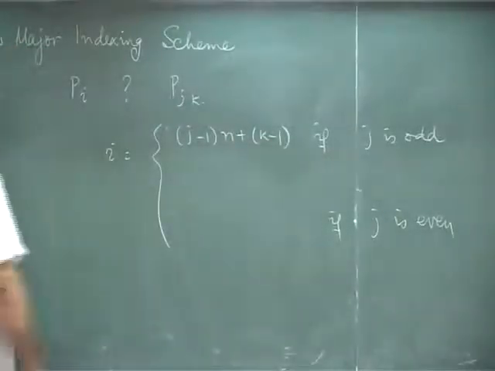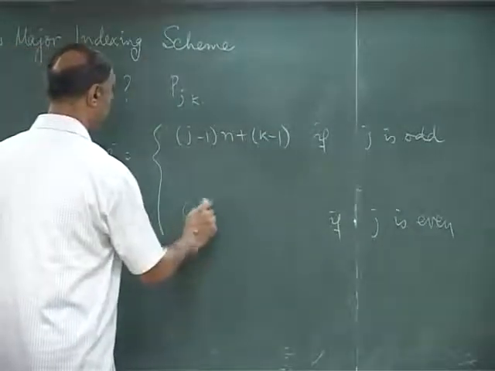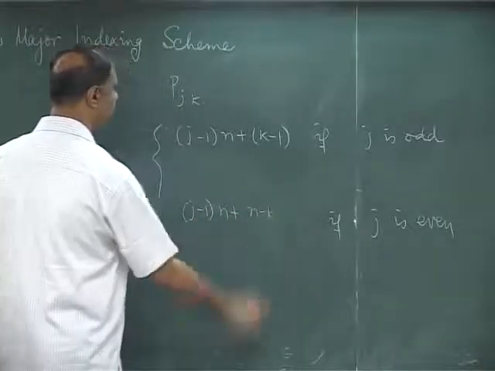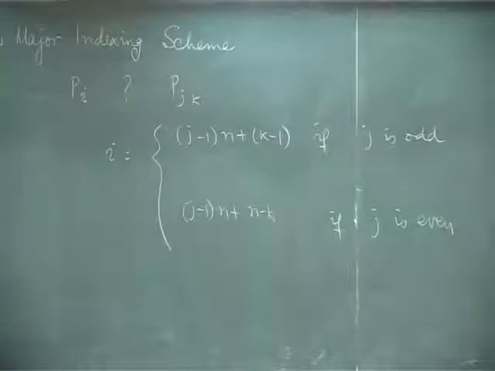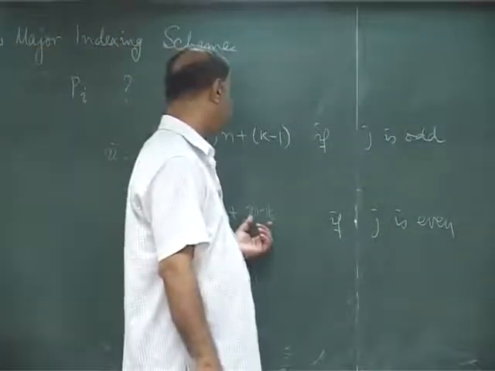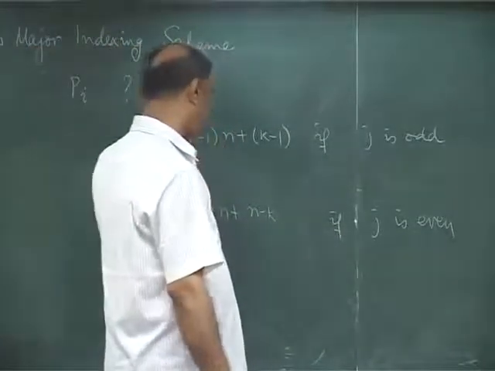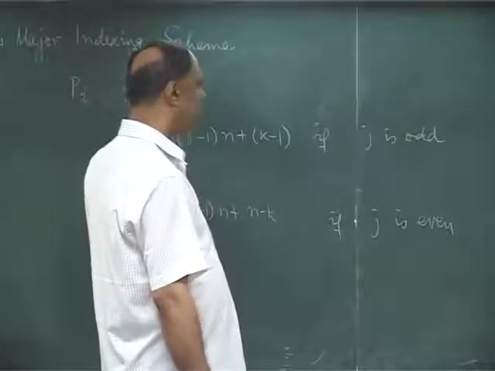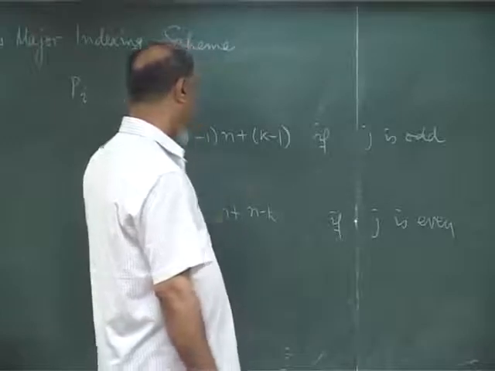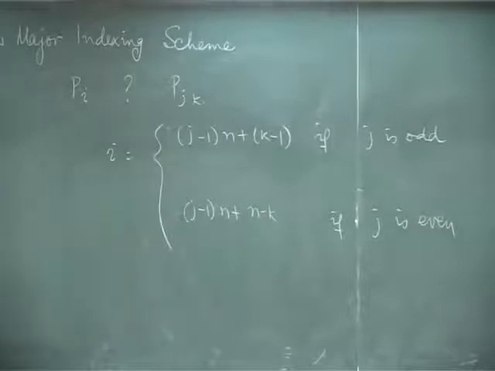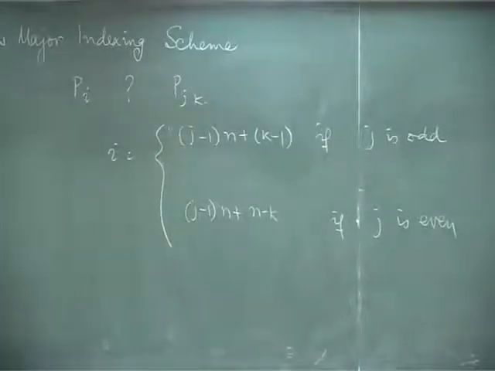Can I write j minus 1 into n plus n minus k? Let us see. When j is 2, k is 1, that is 4 plus, yes, 4 minus 1 is 3, 4 plus 3 is 7, and then when k is 4, this becomes 0 and this is 4, yes. When j is even, then it is j minus 1 into n plus n minus k.